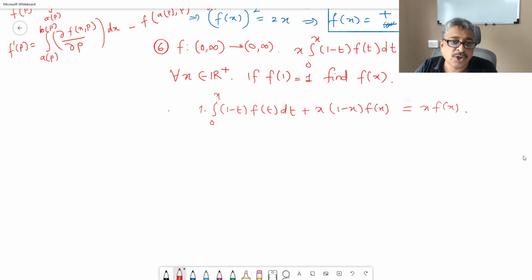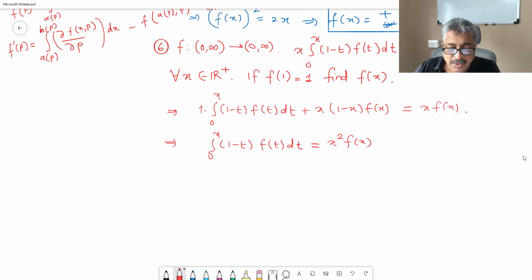Okay, this is the first derivative of LHS and RHS. Now if we simplify it, we get integral 0 to x, 1 minus t, f of t dt is equal to, now there is x f of x this side also and x f of x this side also, it will get cancelled. You end up getting x square f of x.